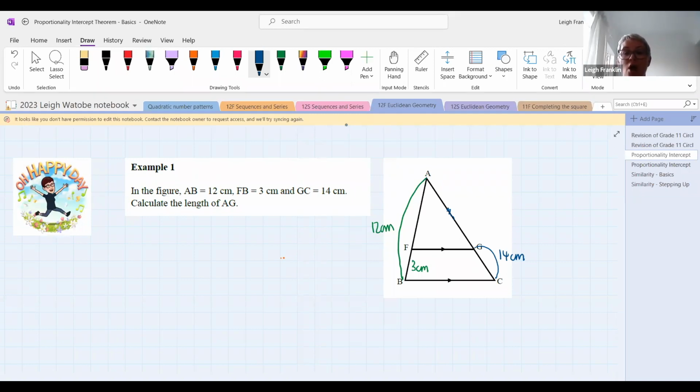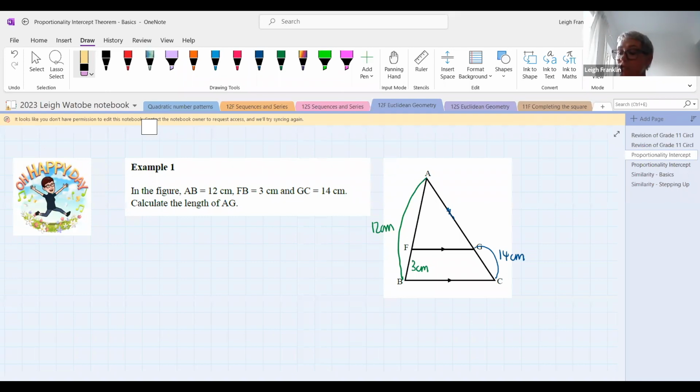Based off different types of proportions that I can make, I can either compare AF with FB and thus AG with GC, or I can compare AF to AB and AG to AC, or I can compare the little bits: FB to the whole side AB and GC to the whole side as well.